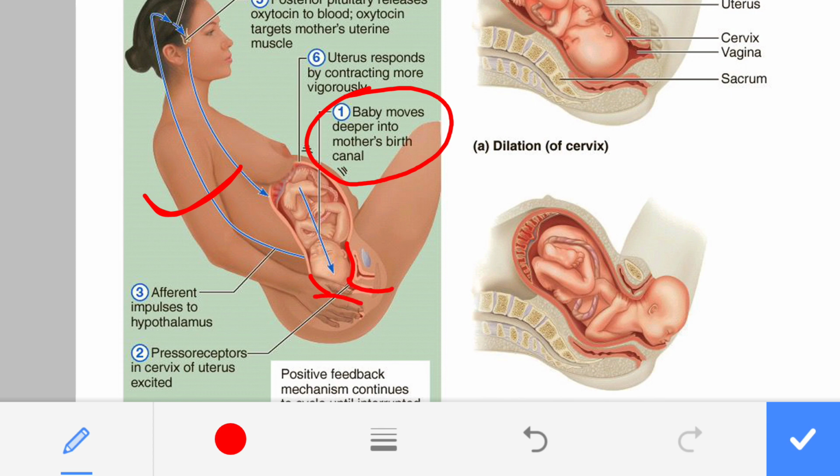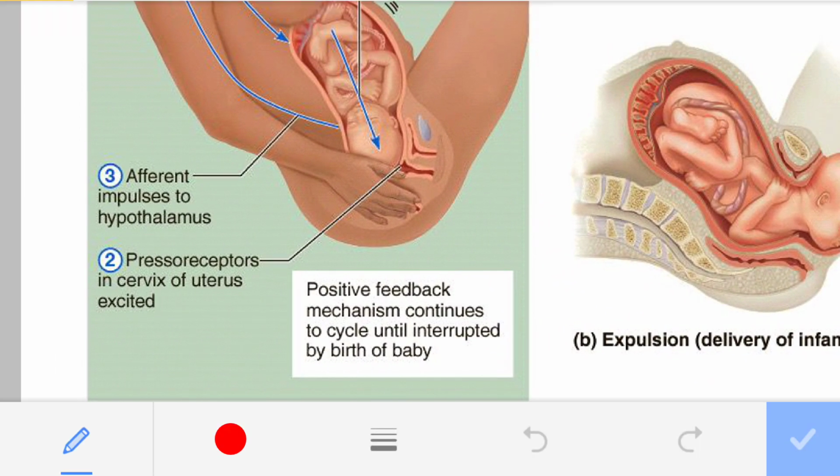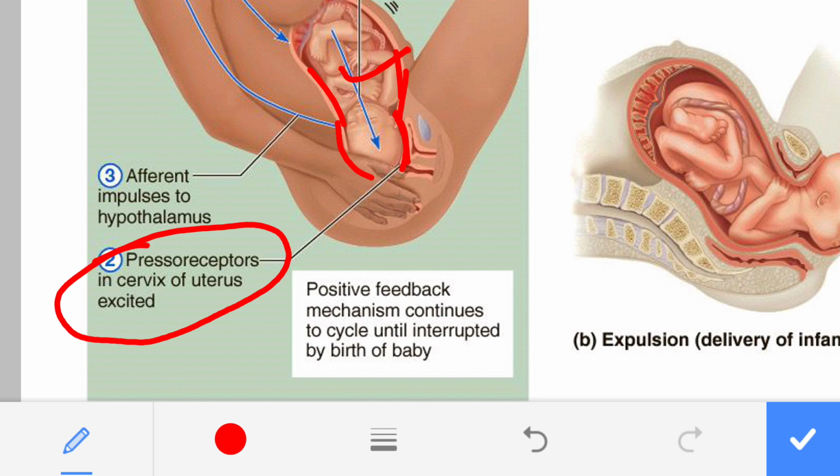So cervix and vagina together are the mother's birth canal. Now as the baby is positioned towards the cervix, the baby's head is touching the wall of the cervix and the body is touching the uterus. Since the baby's body has developed, it is applying pressure on the wall of the cervix.